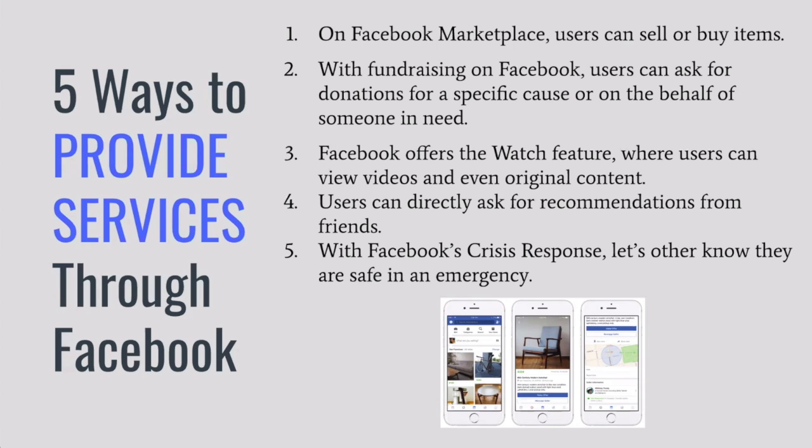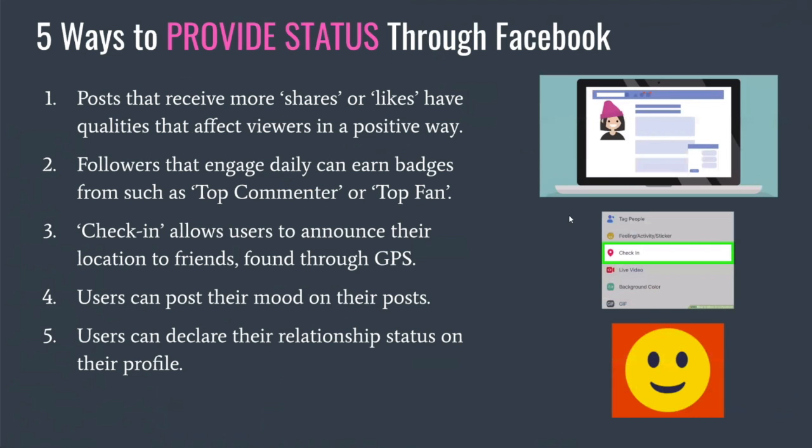So continuing from that, we're going to go with 5 ways to provide status through Facebook. Facebook, like all other social media sites, wants you to be able to have that uniqueness about you in providing status.